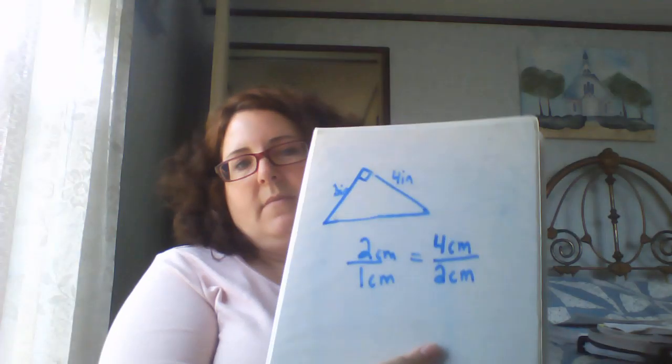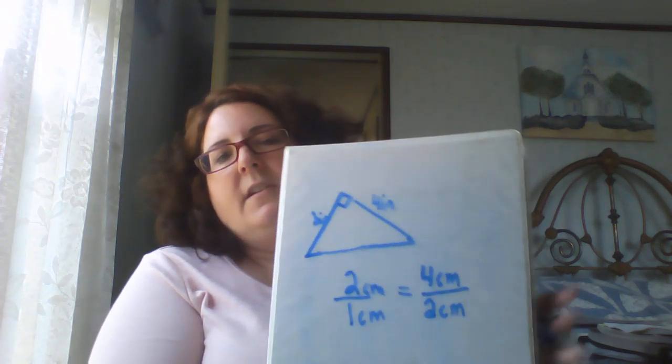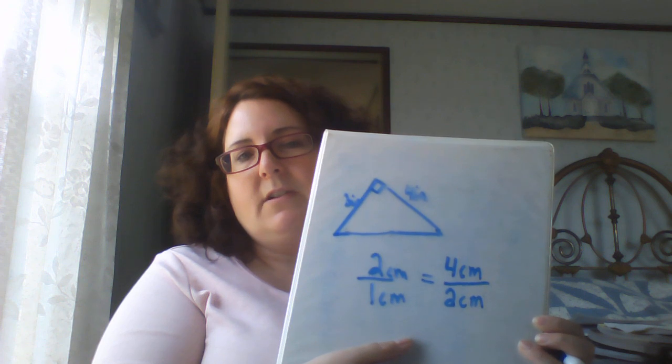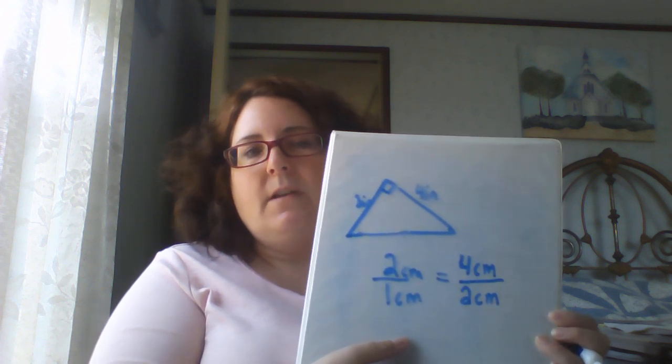Now the other side, BC is 4 centimeters to the 2 centimeters that are there. So these two fractions are proportional to each other. They are the same to each other, only they're in a relationship.